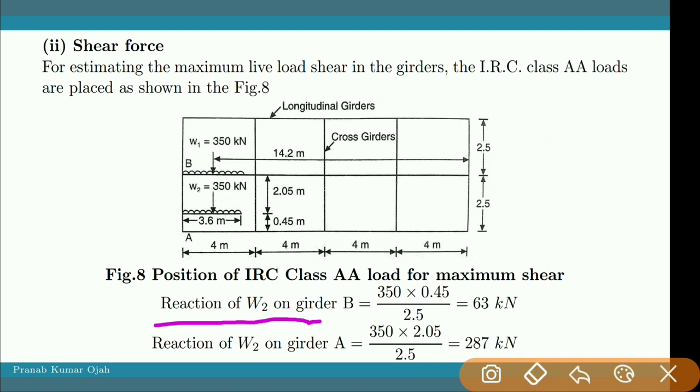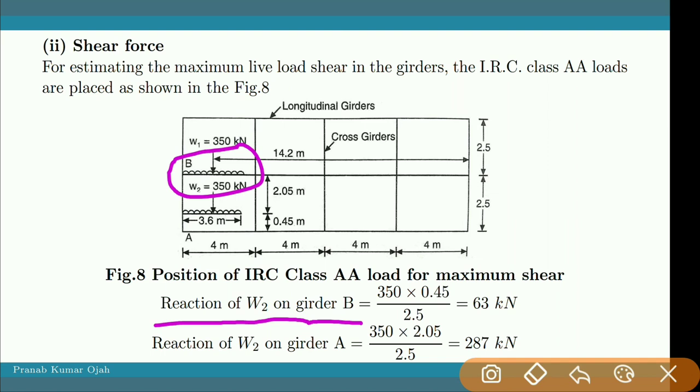Now, the reaction of W2 on the girder B. For W1, which is directly placed on the girder B, the load of W1 will be directly taken by only the girder B, because it is placed directly over the girder.